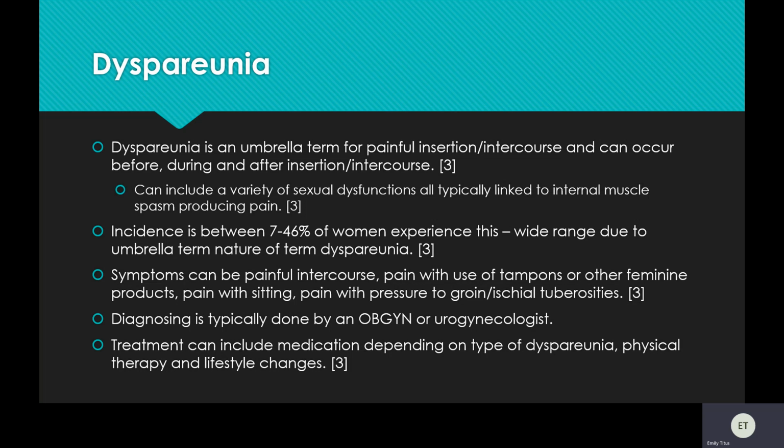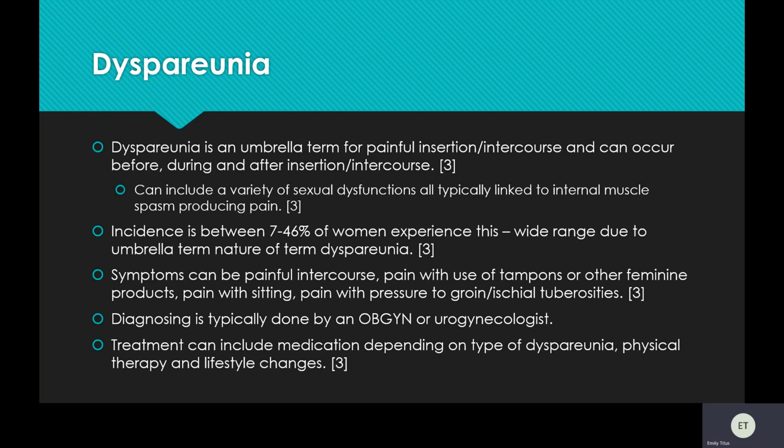My throat's getting dry. So dyspareunia, the next thing that I will talk about. It's considered an umbrella term for any kind of painful insertion or intercourse. It's a very, very broad spectrum of different sexual dysfunctions that are all typically in one way or the other linked to an internal muscle spasm.